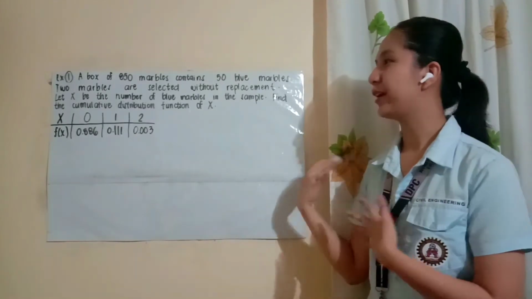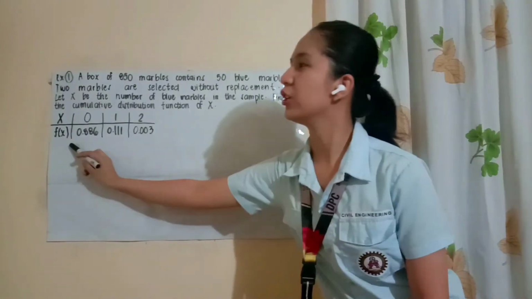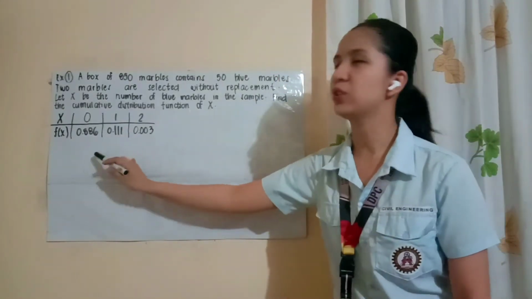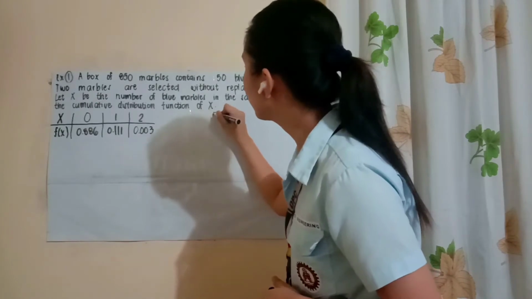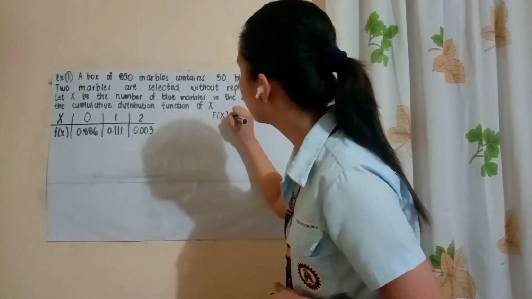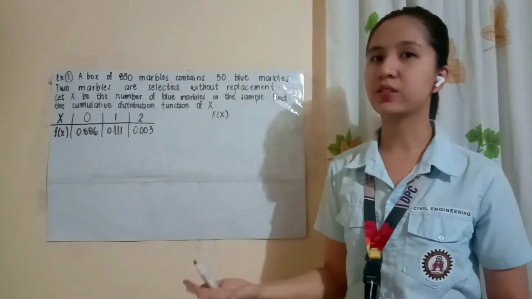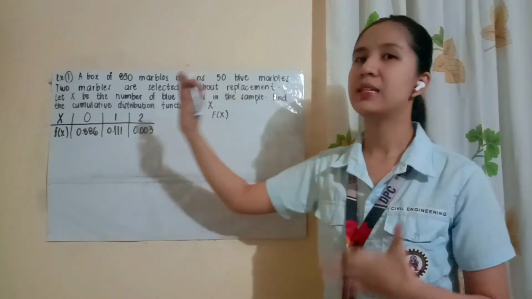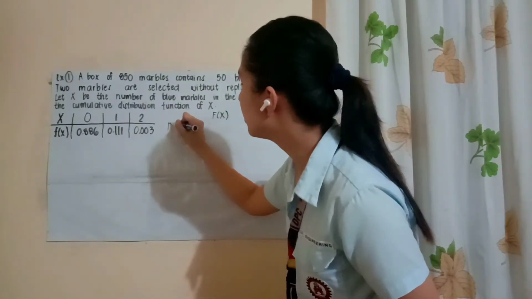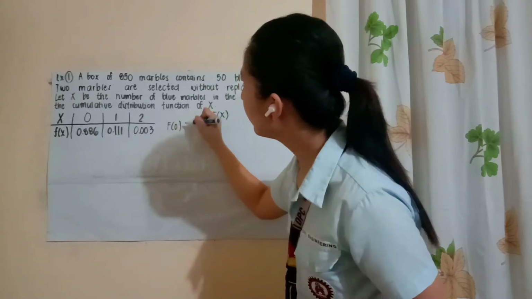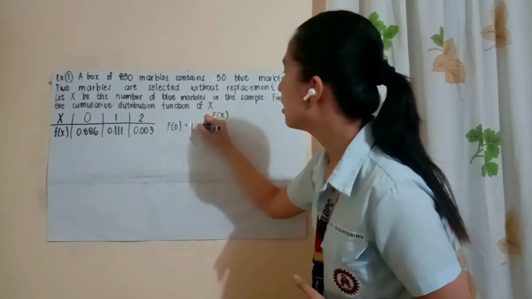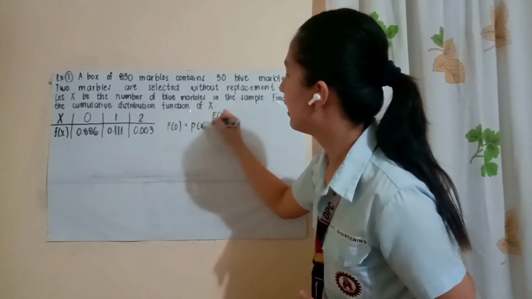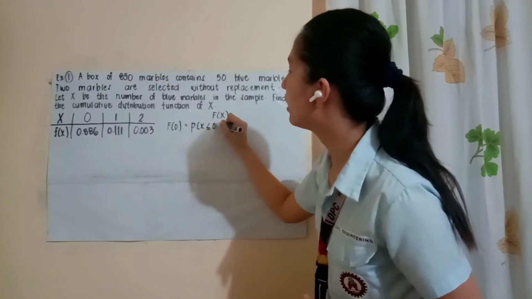So, now, for our next step, nilipat lang natin dito yung probability distribution natin. Kukunin natin yung cumulative distribution function natin. And let's start with f of x. Ano ba yung mga values ng random variable natin? We have 0. So, f of 0 is equal to, let's express it as p of x less than or equal 0.